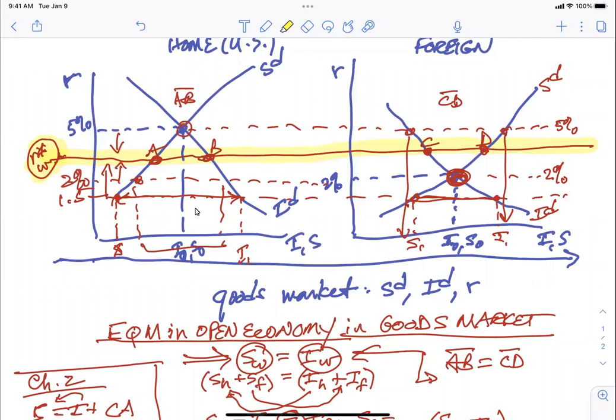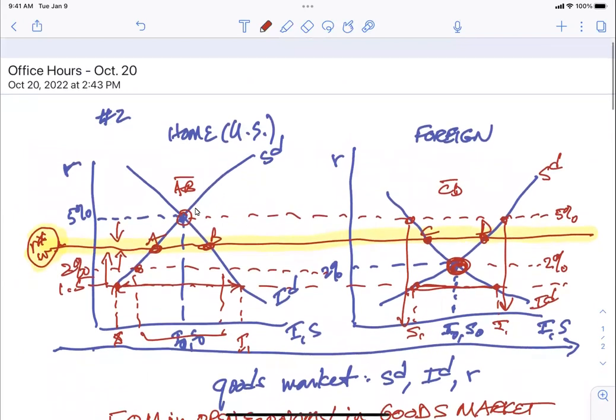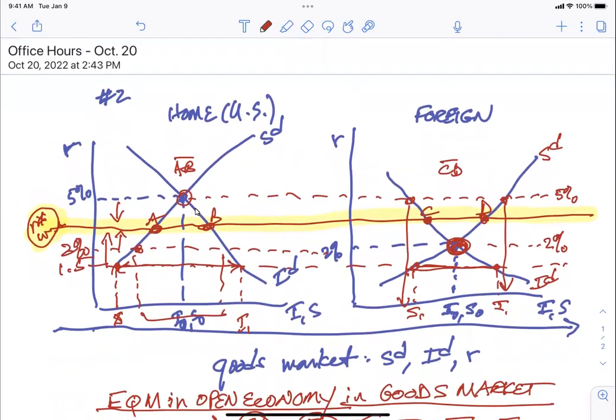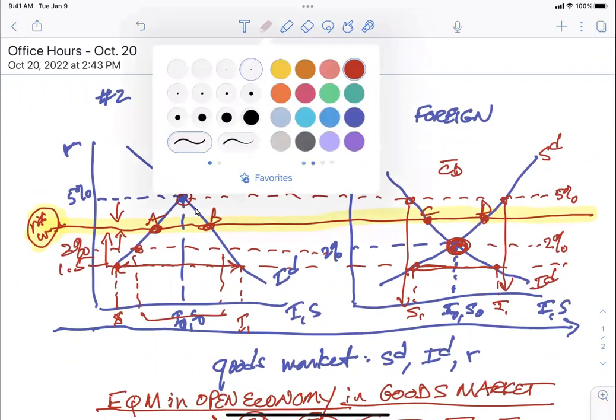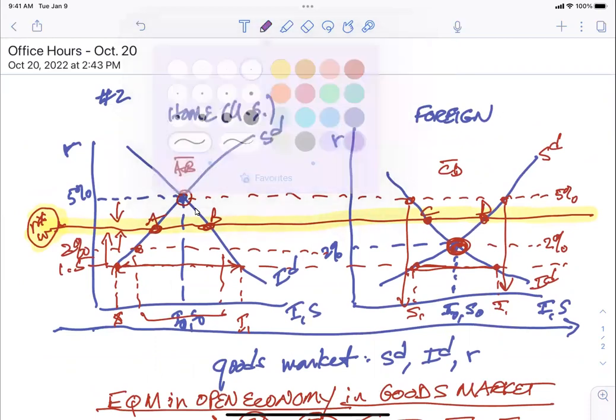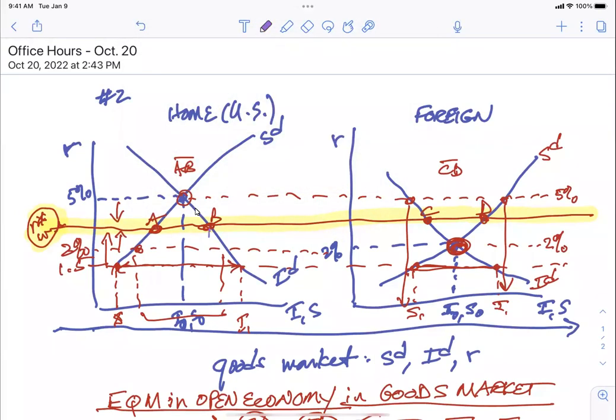So why did I draw this with the higher interest rate in the US versus in the foreign country? So now we can go back. Any ideas why that is? Here's equilibrium.